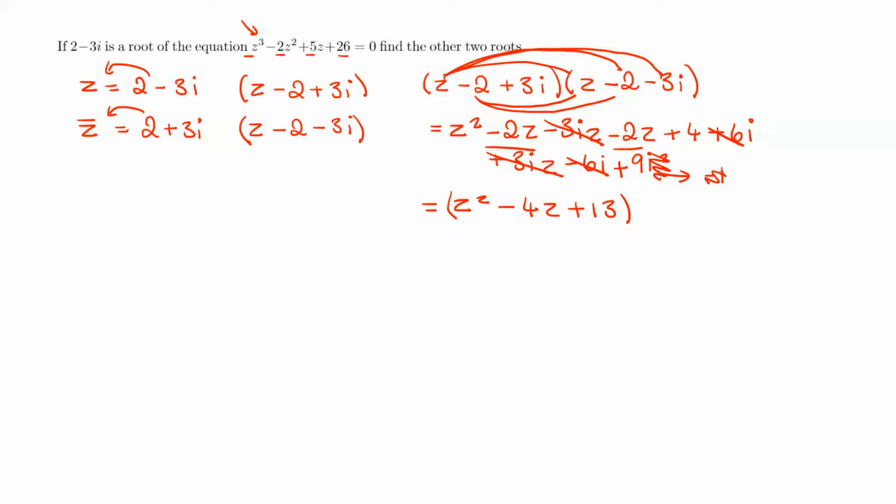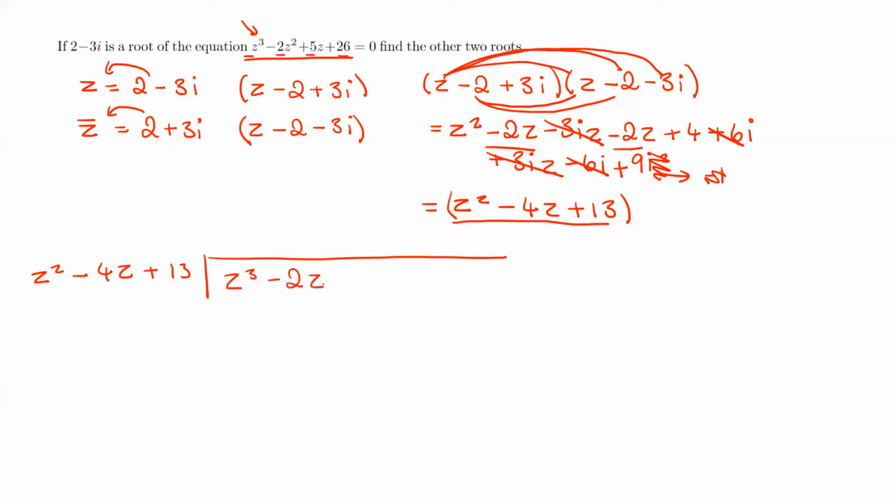The final step then in finding the third root is algebraic division, guys. So that's that really horrible long algebra, okay? So what we're going to have to do is divide our two roots' factor into the big equation here. So in that case, we're going to get z squared minus 4z plus 13, and then all that's dividing the z cubed minus 2z squared plus 5z plus 26.